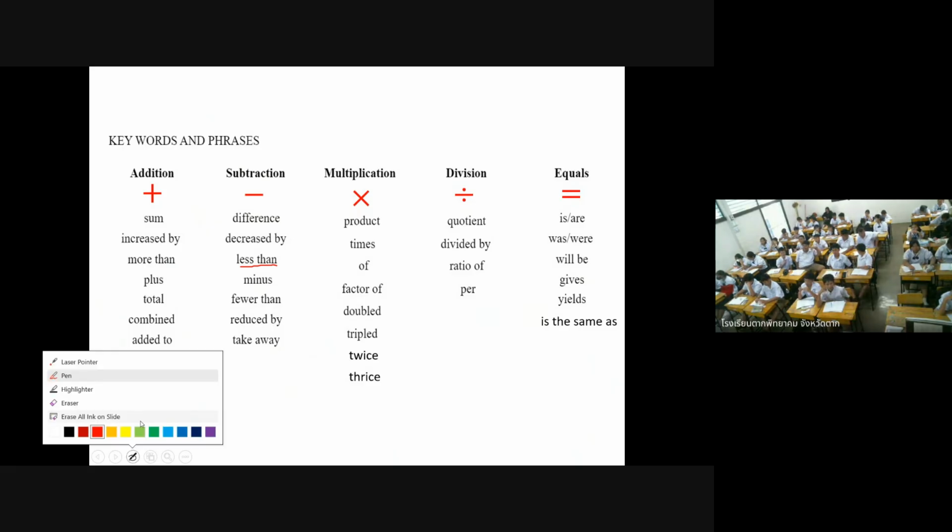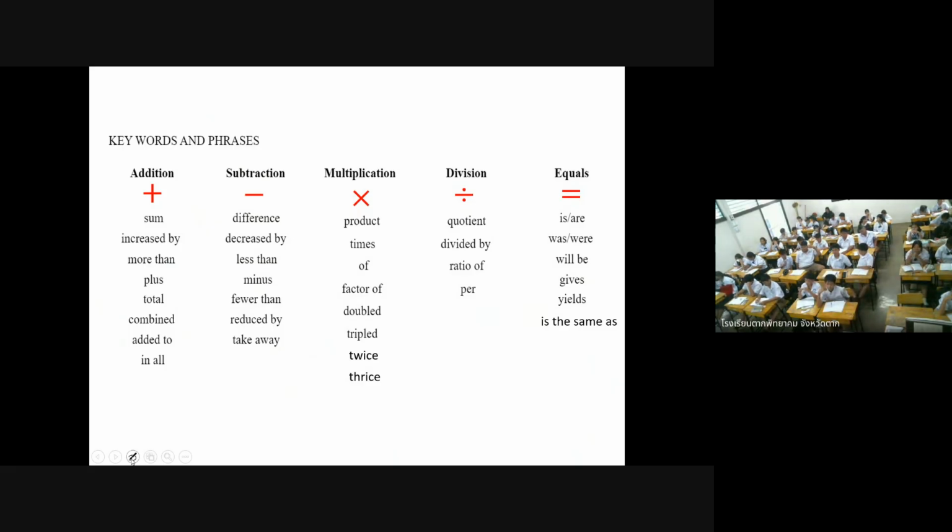Okay? So for multiplication, we have product, times, of, factor of, double, triple, twice, and thrice. Double means times 2. How about triple? Times 3. How about twice? Times 2.